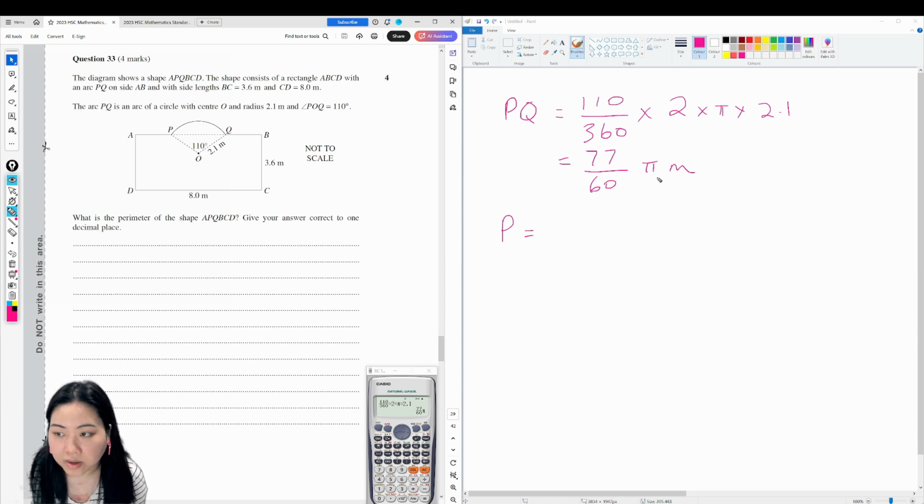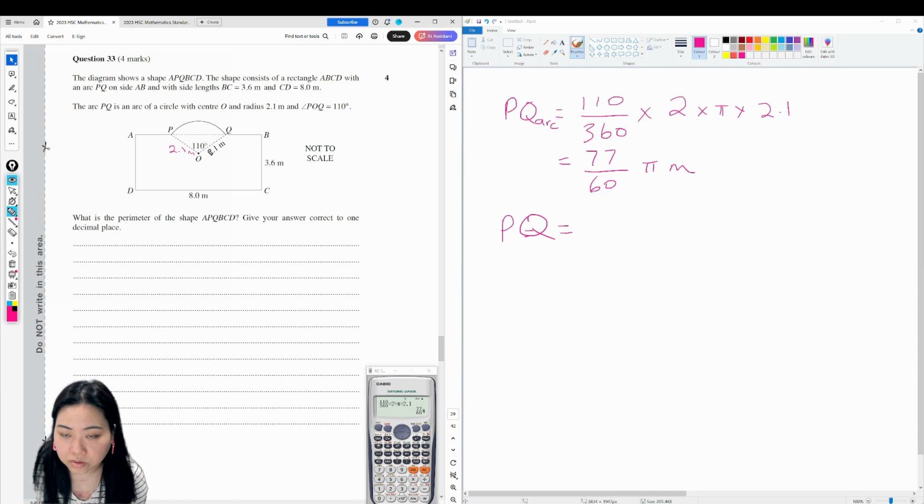We need to find, this is the arc PQ. Now we need to find what PQ is, this length here. So we know how much this length and that length will be. To find that, we need the cosine rule, because we know 2.1 meters.